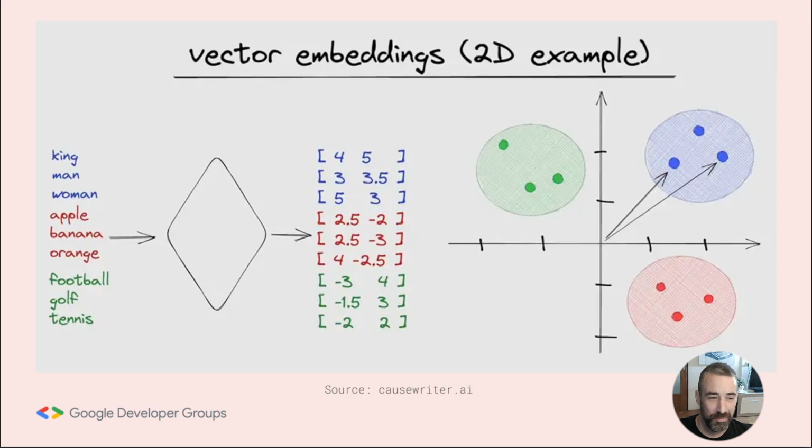So I'll just really briefly try and give you some intuition on how these vectors came to be. Imagine you have words like king, man, woman, apple, banana, orange, football, golf, tennis. If you're looking for which words are similar between those, you need to do something with it. You can't just match parts of words and say, oh, because they all start with an A, that's not a good way to do it.